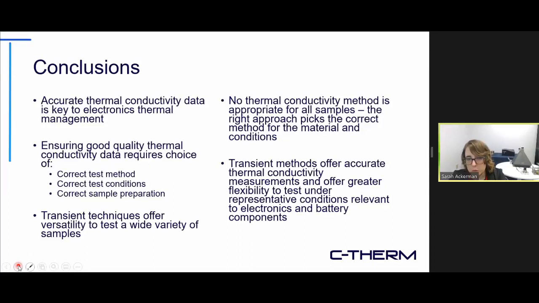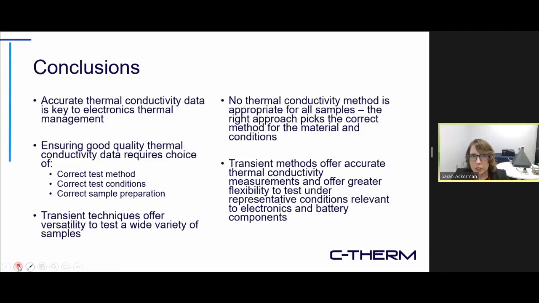But basically, in conclusion here, what we're really trying to get across is that accurate thermal conductivity data is key to the quality of your electronics thermal management design. If you don't have accurate thermal conductivity data, the models that you're using to design your material are going to be incorrect, and therefore the designs might not be as optimal as they could be.